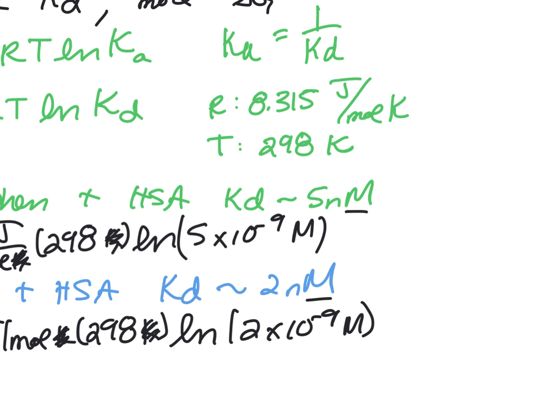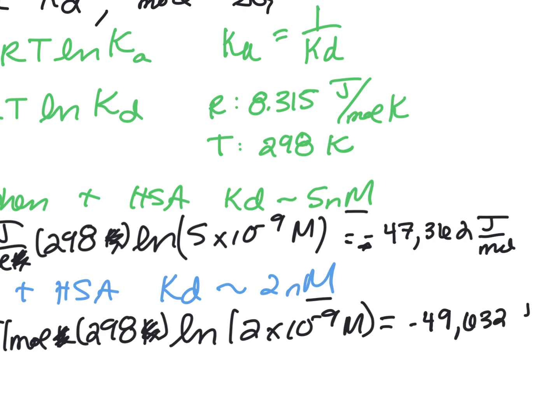Okay, so I got for the acetaminophen with the higher KD value, I got negative 47,362 joules per mole, again negative. And then for the smaller one, I got negative 49,632 joules per mole, also negative.